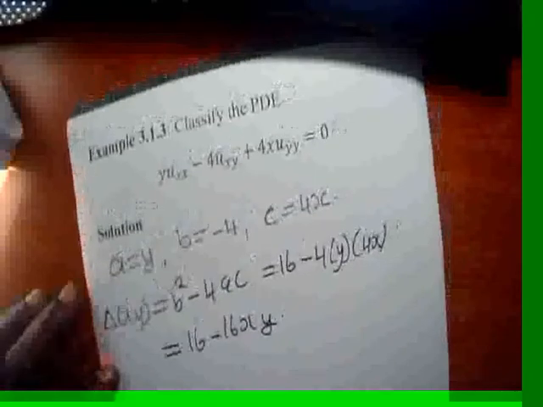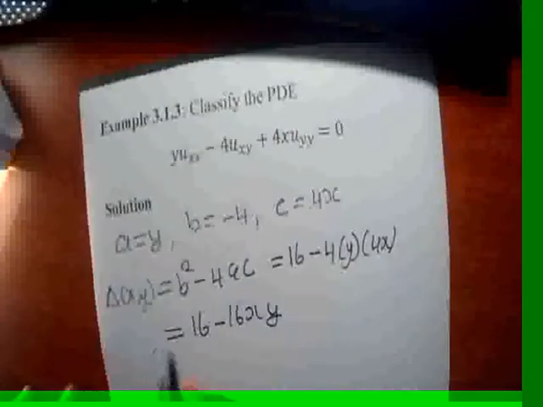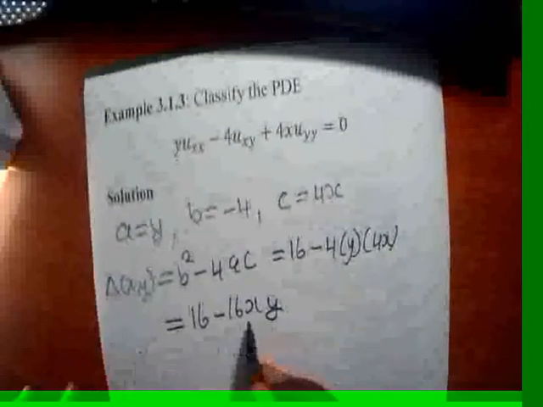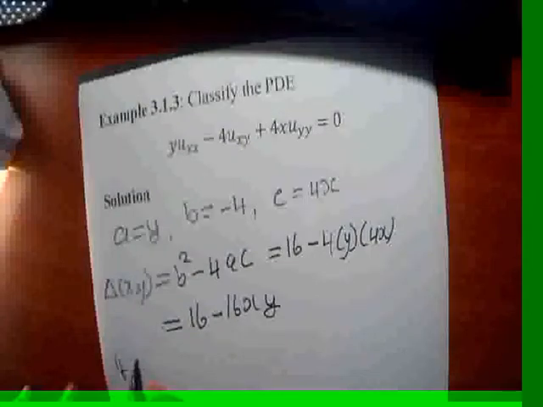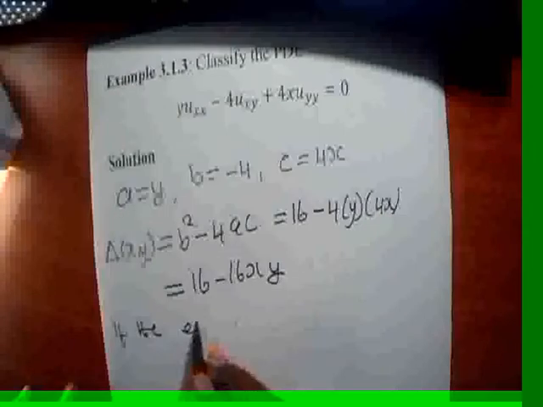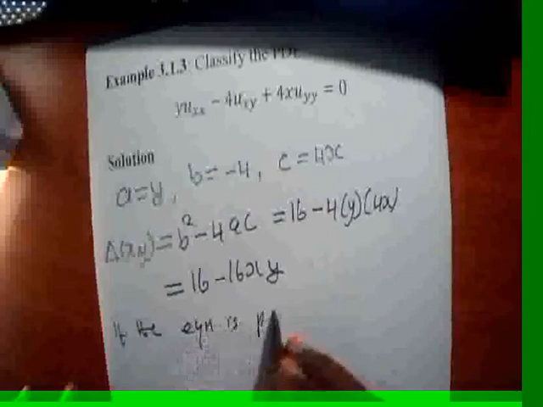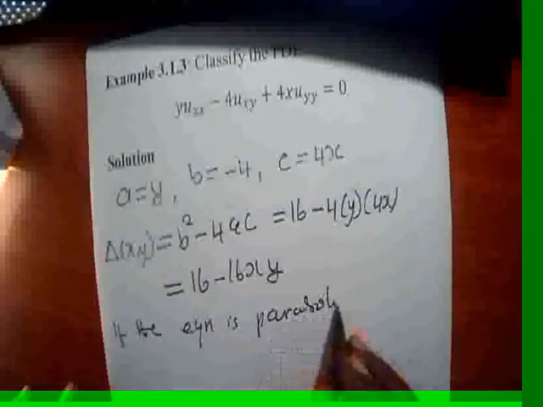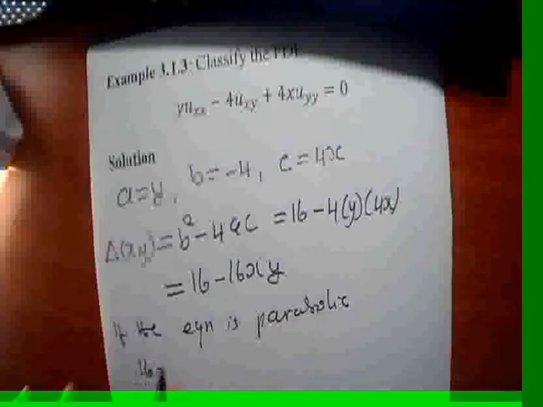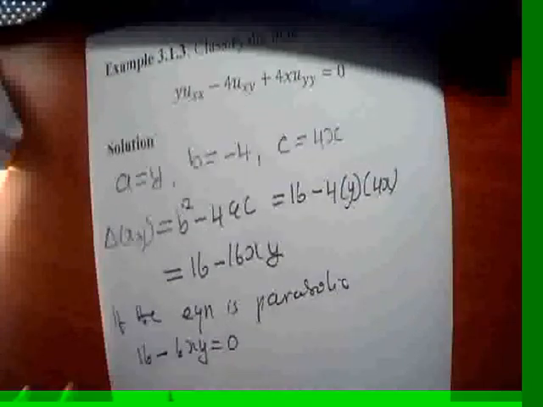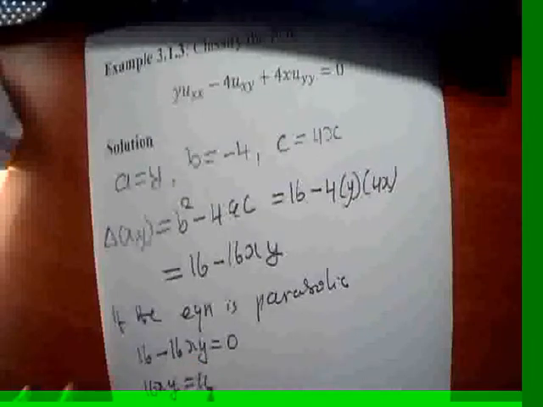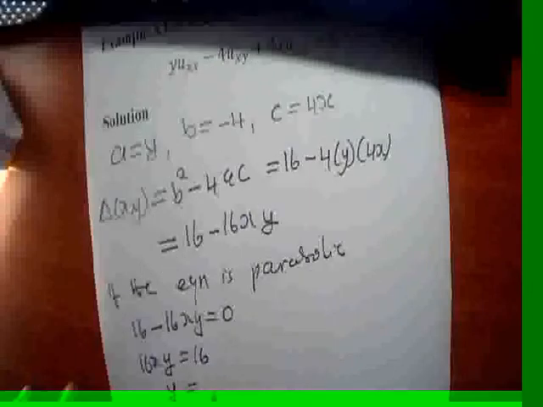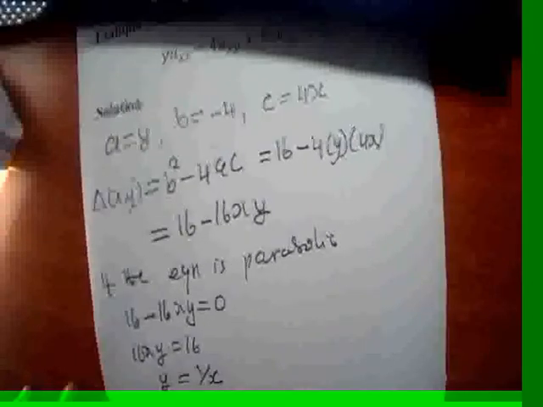So in the same procedure, let's assume it's equal to 0. So we are saying that if the equation is parabolic, then we are going to have 16 minus 16xy being equal to 0, and that means 16xy equals 16, and you get y to be 1 over x.